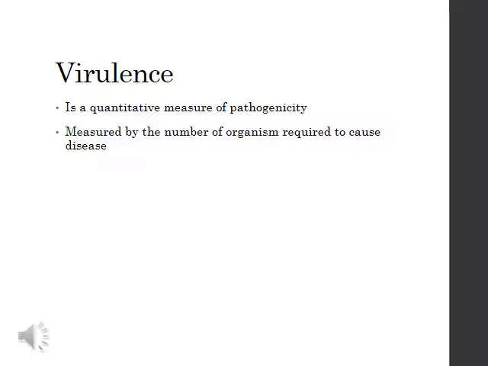Compare that to a human who gets exposed to 1,000 bacteria at once. 1,000 bacteria will multiply rapidly into millions as compared to the person with 10 bacteria. So the number of organisms first encountered by the body is very important, in COVID cases also. These are the important definitions of virulence.